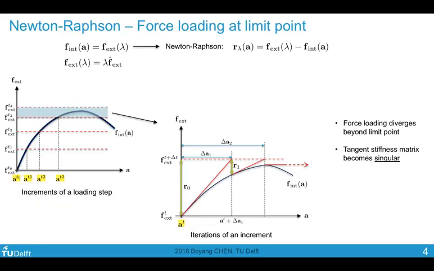Previously, in the case of force loading beyond the limit point of the equilibrium path, we have a convergence issue. This is because the line of force loading does not intersect with the equilibrium path, and once the Newton iteration goes towards or beyond the limit point, it diverges.